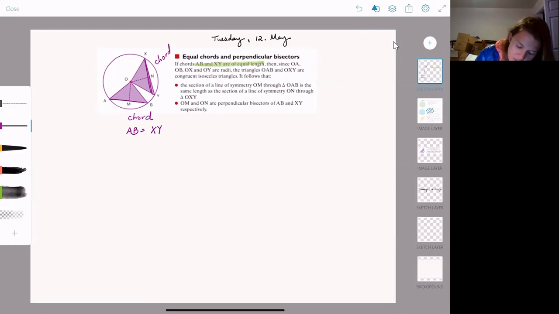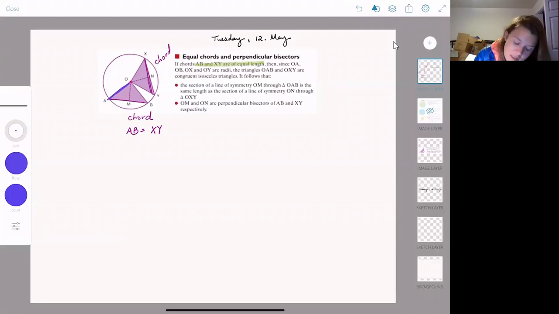So because this line here, OA, is a radius, OB is also a radius, OX is a radius, and OY is a radius, so that means all four of those are equal, then we can assume some things.